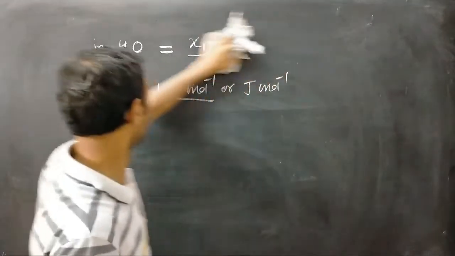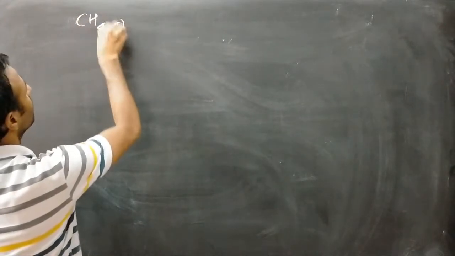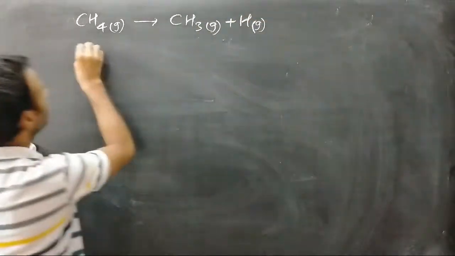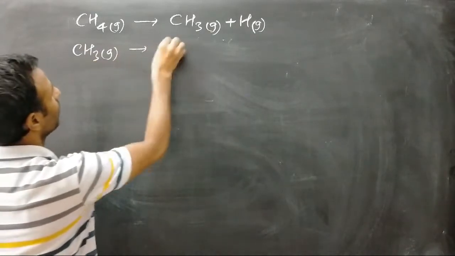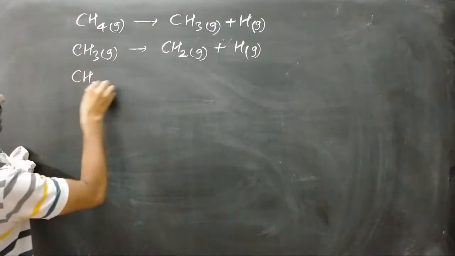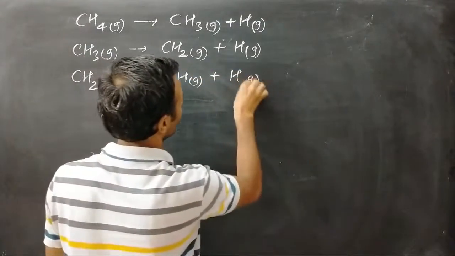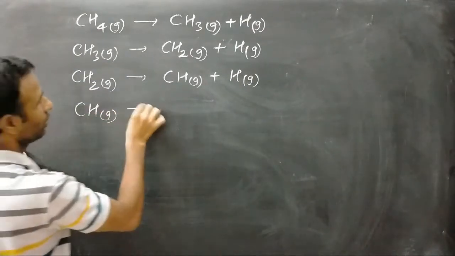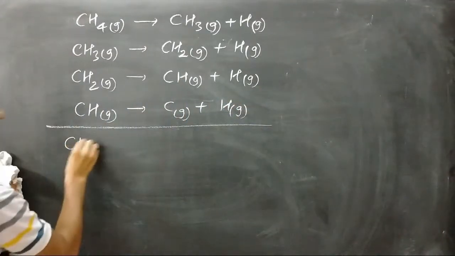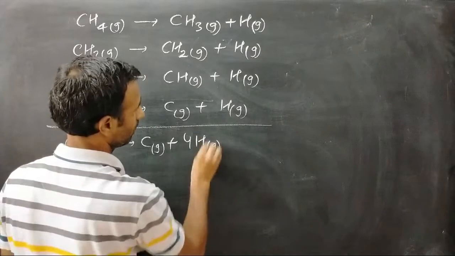Let us take the case of methane. First we get CH3 gas and H gas, then CH3 gas gives CH2 gas plus H gas, then CH2 gas gives CH gas plus H gas, and at the end CH gas gives C gas plus H gas. So overall it is CH4 gas giving C gas plus 4H gas.